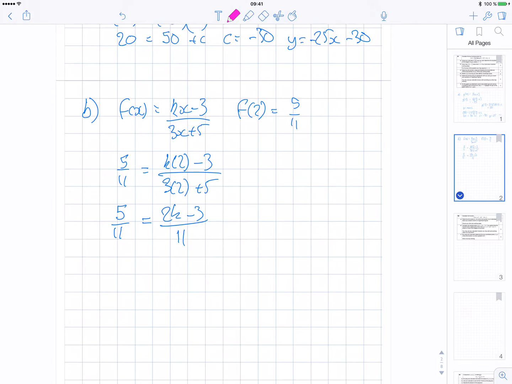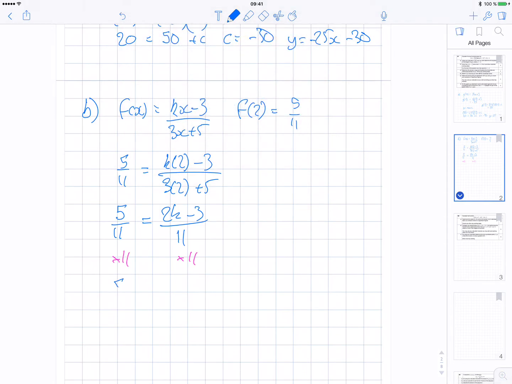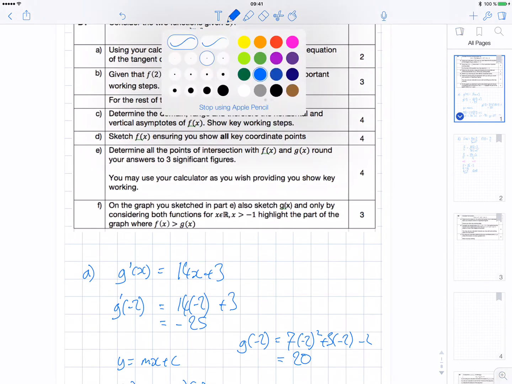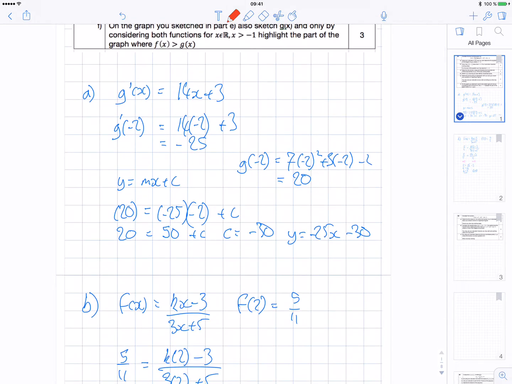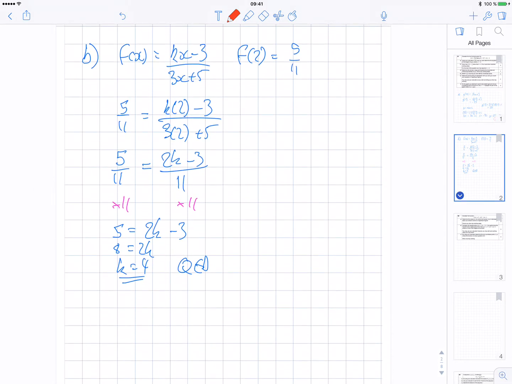When I times it by 11 on both sides, the 11s are going to cancel. So I'm left with 5 is equal to 2k minus 3. I'm going to add 3 to both sides, so get 8 is equal to 2k, divide by 2, k equals 4, QED. Add a few marks to it, so that first one was worth 2, and this part B was worth 3.